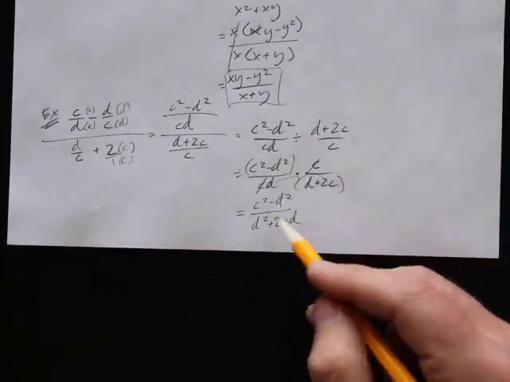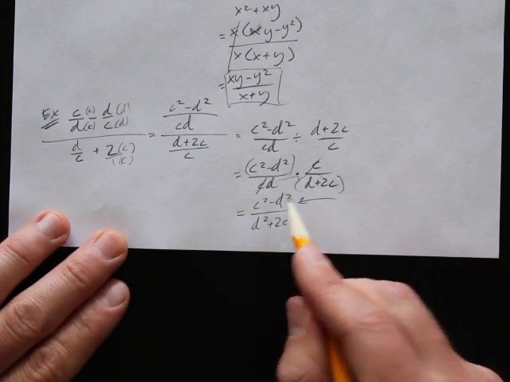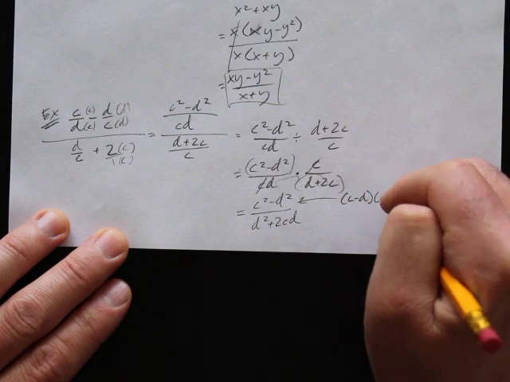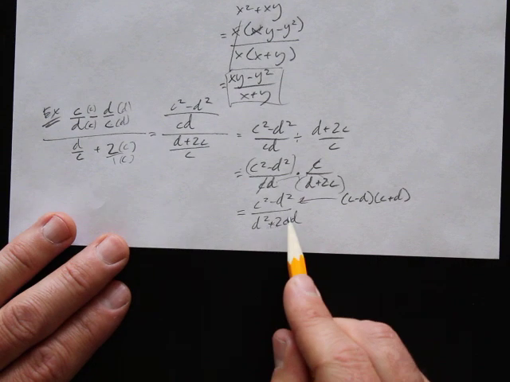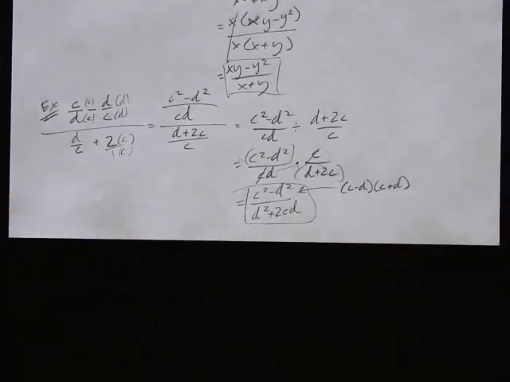And there is nothing else I can do to this. The top factors to be C minus D times C plus D, but that doesn't really help me. I can't do anything with that anyway, so I'm just going to leave it like this. And that is 8-2. Good luck on the homework.